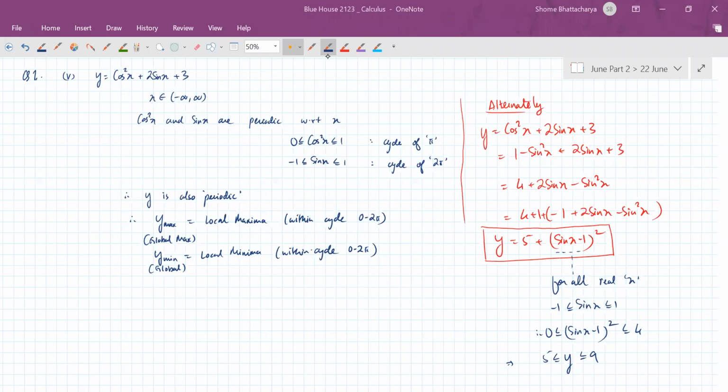See, sin x minus 1 whole square has its maximum value when sin x minus 1 has a maximum positive or negative value. What is the minimum value of sin x? -1. Understood?